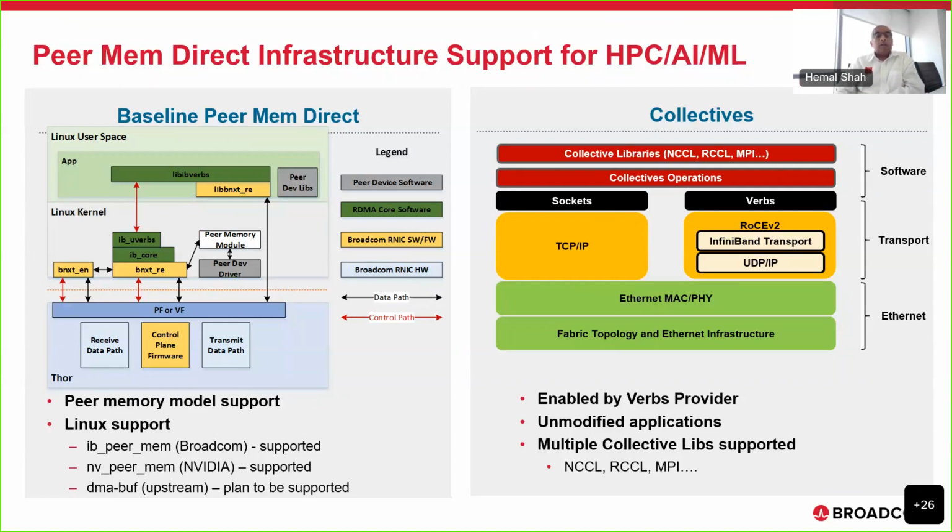So this is, in our opinion, open source generic infrastructure which will enable a new set of applications and accelerators without requiring the NIC to have per-accelerator specific support for either their libraries or drivers. So that's one area for peer memory direct support.